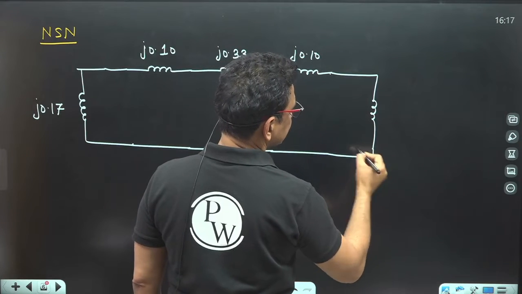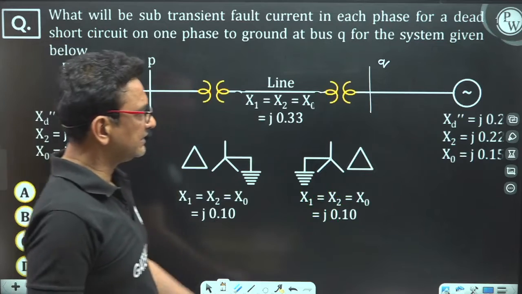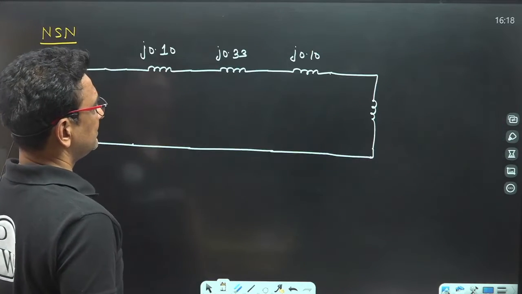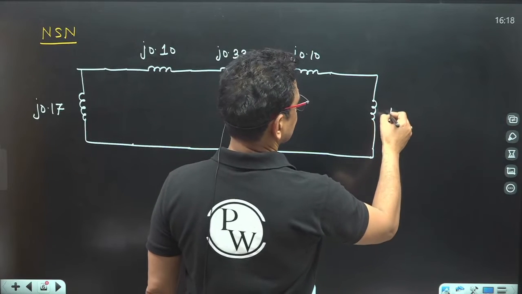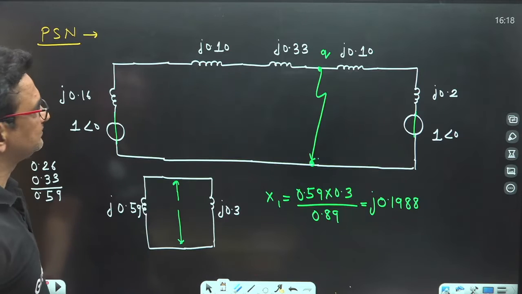The negative sequence network of the synchronous machine is nothing but a reactance, and the reactance value is j 0.22.